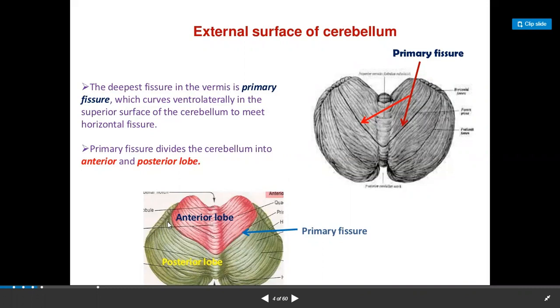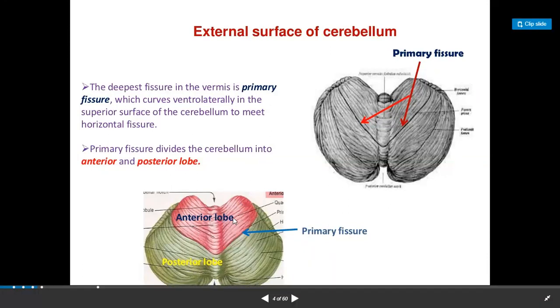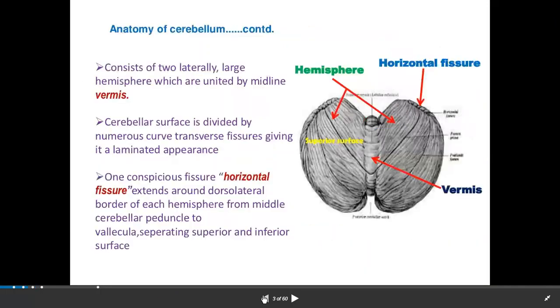This is the primary fissure, also called fissura prima, and this surface is viewed from the top, hence it is called the superior surface. The view which you see from down, you call the inferior surface. In the superior surface, we find the primary fissure which divides the cerebellum into the anterior lobe and posterior lobe.